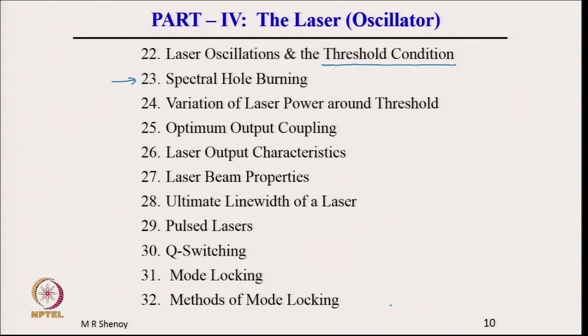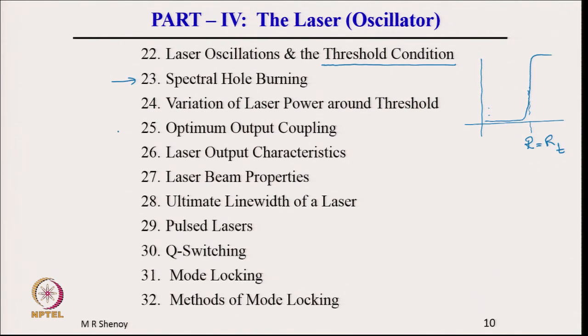And then we discussed the variation of laser power around threshold. That is, as soon as you cross the threshold, if we quickly recall, the photon number shoots from a small number to a very large number by orders of magnitude around the threshold pumping rate R equal to R_t.